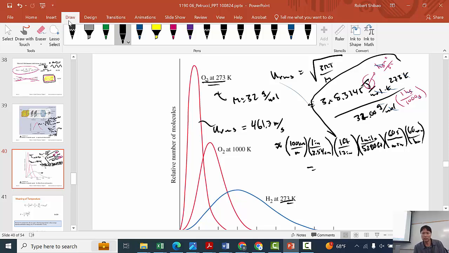And so let's go ahead and do that: times 100 divided by 2.54 divided by 12 divided by 5280 times 60 times 60. So this comes out to 1,031.9 miles per hour.